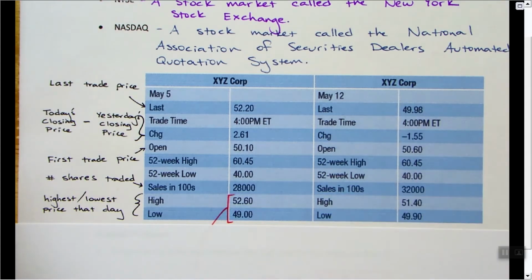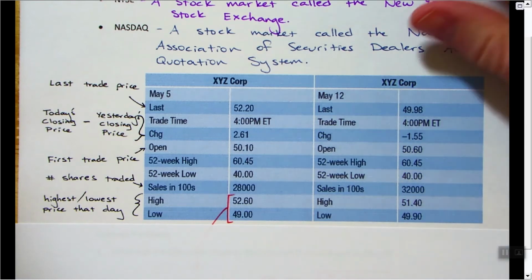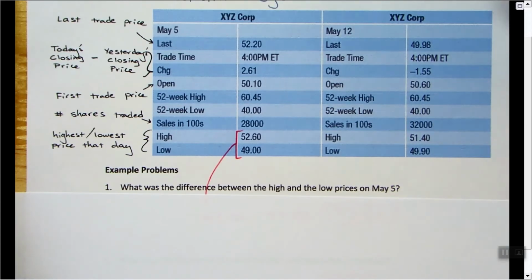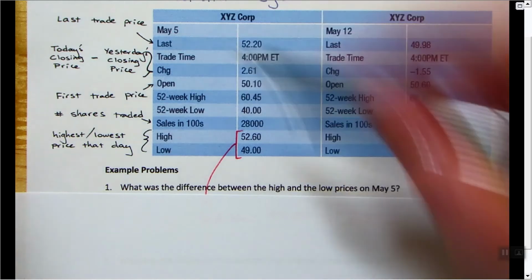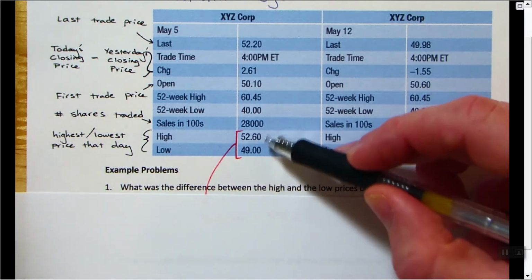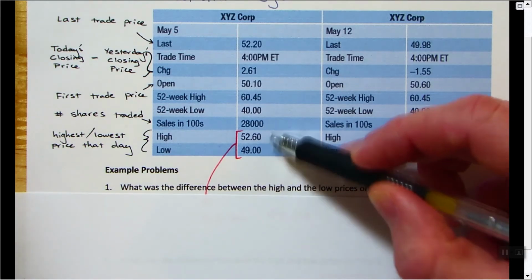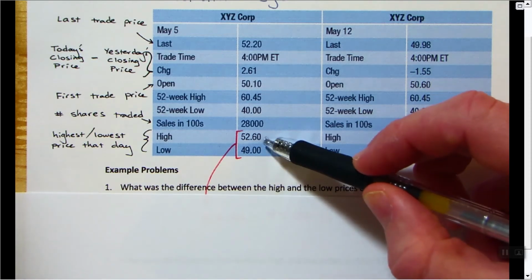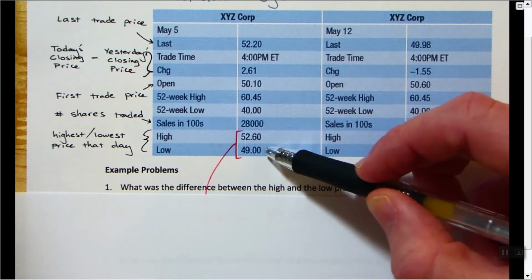Here's the second day to look at. A question we can ask to better analyze this data is, what is the difference between the high and low prices on May 5th? This is May 5th right here. I'm looking at the difference between the high and the low price on May 5th. Well, that would be $52.60 minus $49.